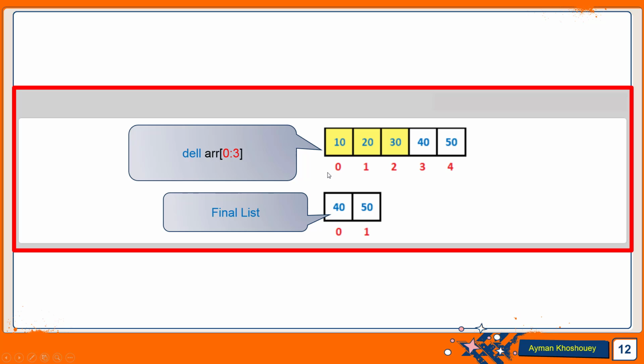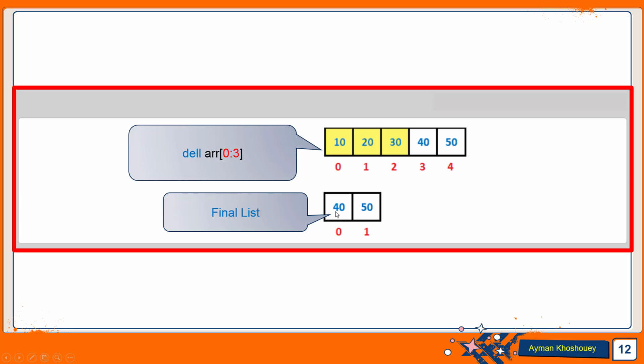If you have this list also, you can delete from index 0 to index 3, the items before index 3. This is del array from 0 to 3: the items from 0 to the index before 3, which are 0, 1, 2.